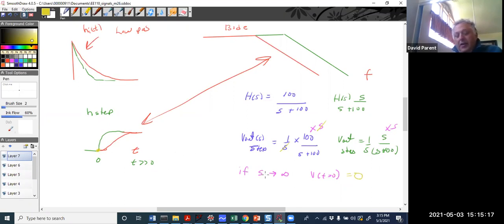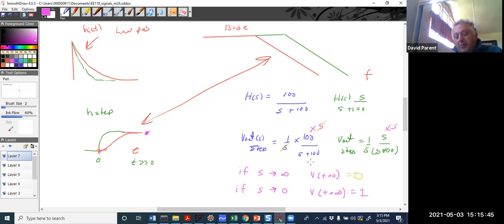All right, and if we let S go to 0, then v(t) as t goes to infinity, so S is 0, 100 divided by 100 is 1. It's 1. So we actually get these 2 points.